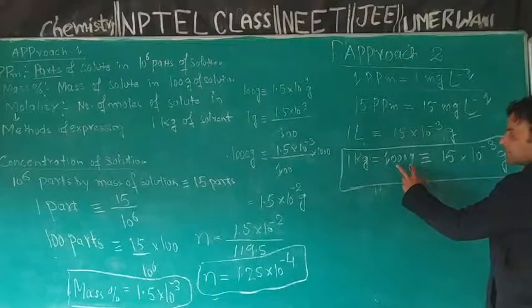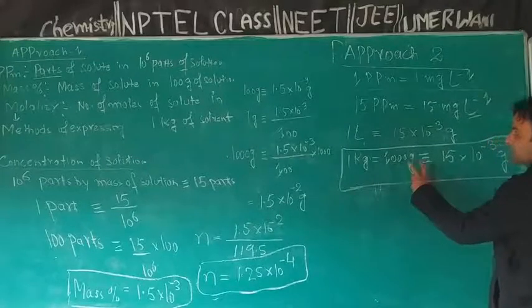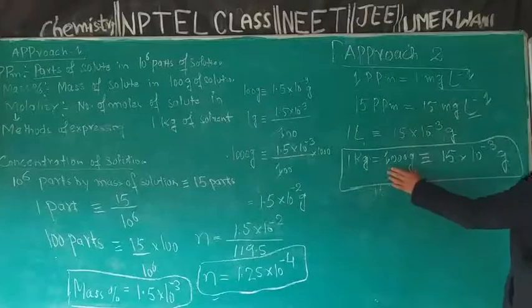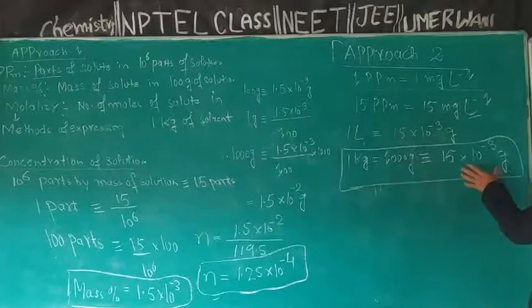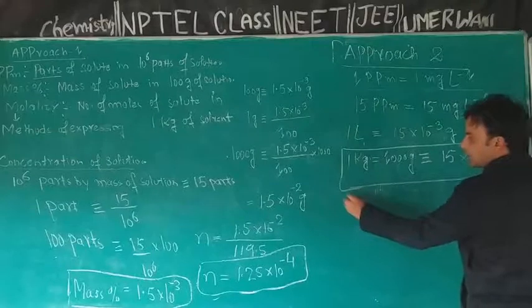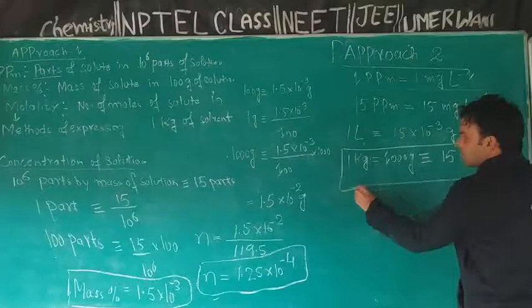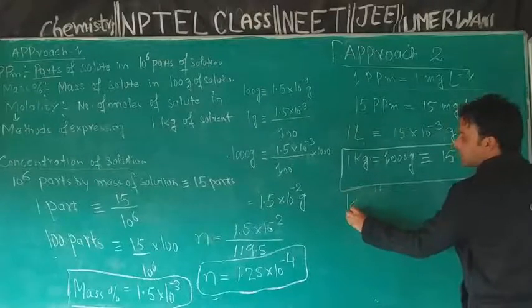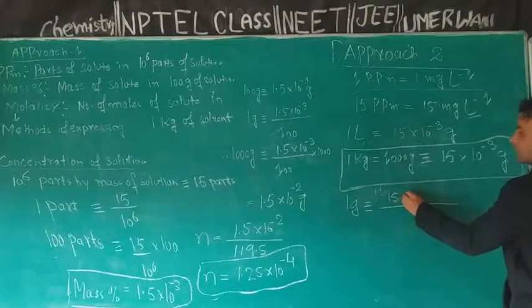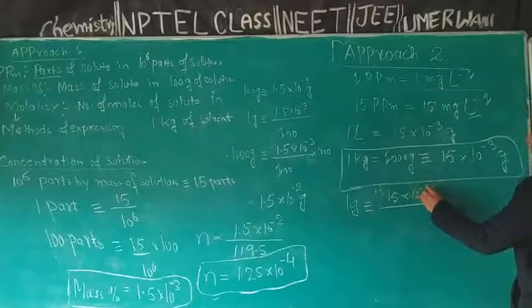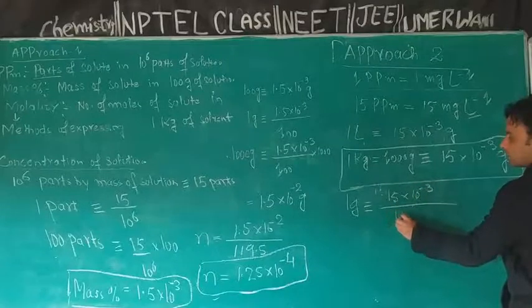What is this information? Information is that 1000 grams of water contains 15 into 10 raised power minus 3 grams of chloroform. Now I will calculate 1 gram first. 1 gram contains 15 into 10 raised power minus 3 divided by 1000.